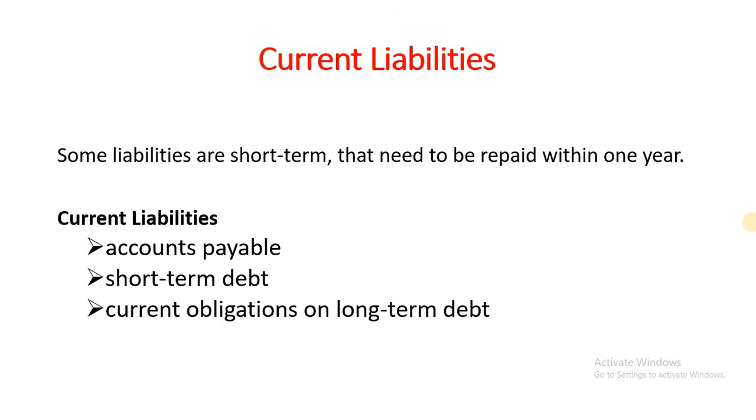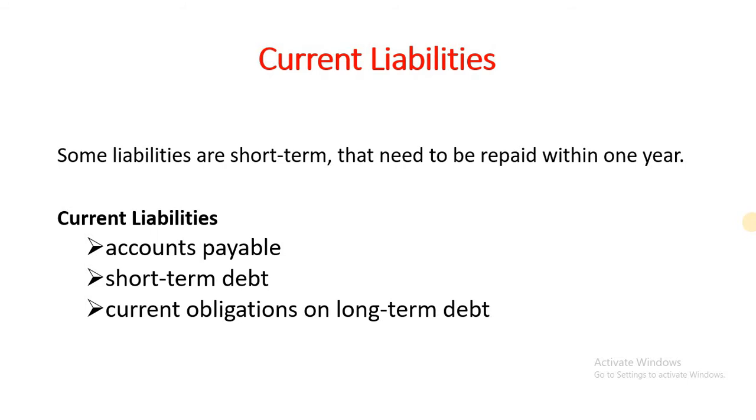In the meantime, there could be some other short-term debt which is needed to be repaid within 1 year, and there might also be current obligations on long-term debt. For example, a bank loan might need to be repaid within 5 years, but a part of this bank loan might need to be repaid within the next year.